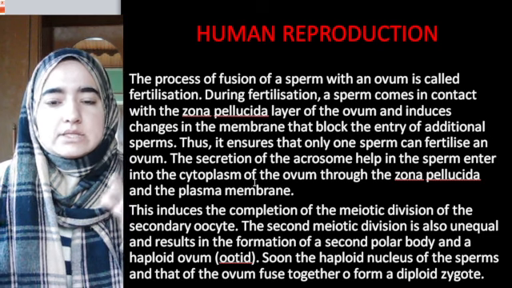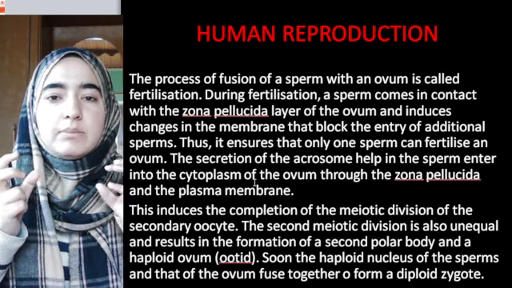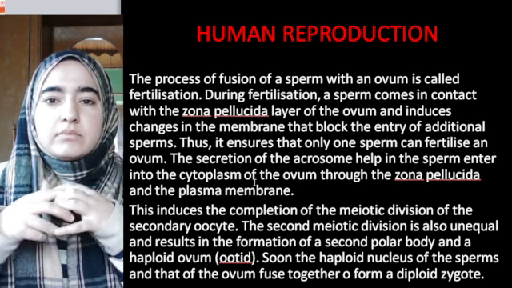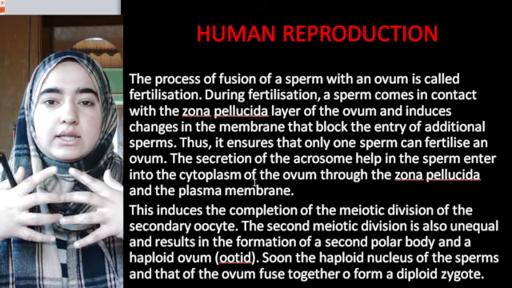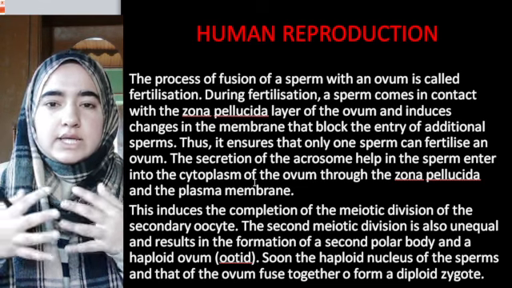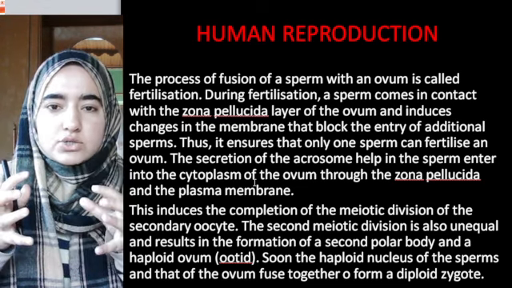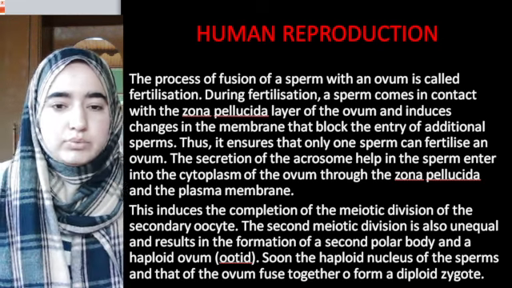And what happens after this? The nucleus of the sperm will come in contact with the nucleus of the ovum, and both of them will come closer and get fused. It's the nucleus basically which fuses. The nucleus of sperm will fuse with the nucleus of ovum, and they will form a diploid zygote.